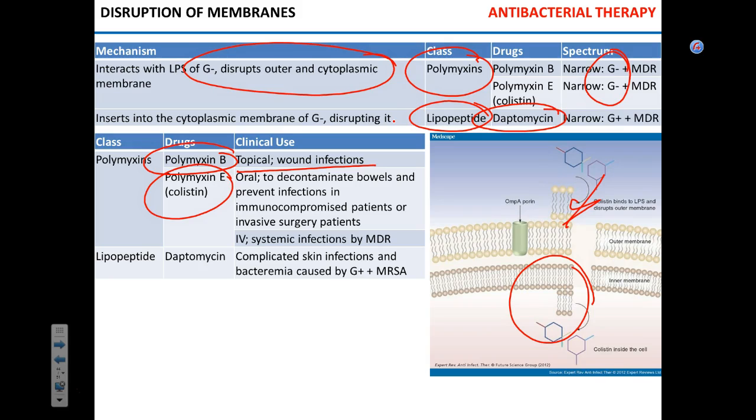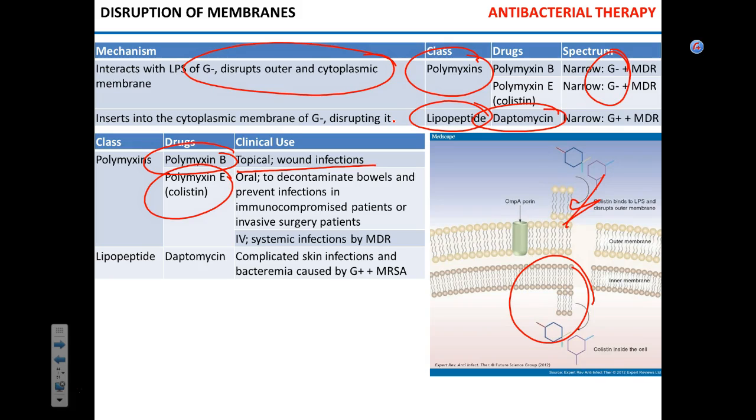Okay, things like Clostridium difficile. Okay, severe infection, frequently antibiotic resistant. You need some sort of a nuclear bomb to just eliminate everything. Bowel decontamination. Something that can be used in immunocompromised patients, in which the immune system cannot complement the action of the drugs.